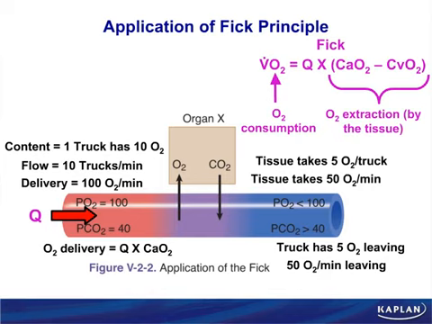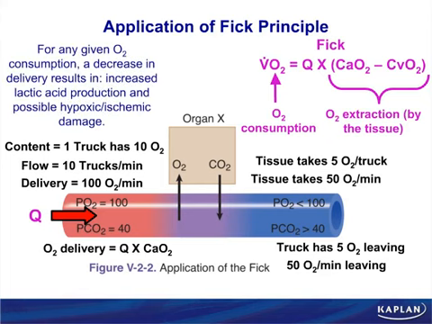Now, big application of this. For any given oxygen consumption, if you reduce delivery, then the tissue is most likely going to get its ATP from just glycolysis, anaerobic glycolysis, which means lactic acid production. Well, that's acidosis.